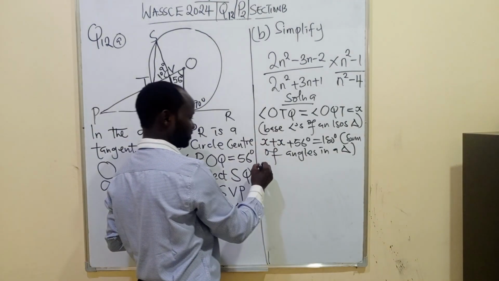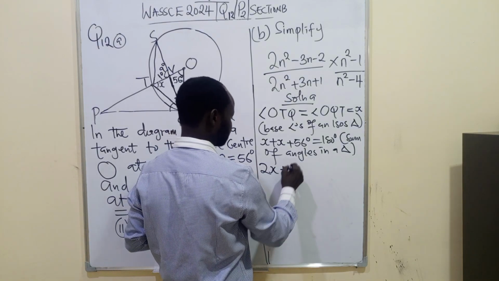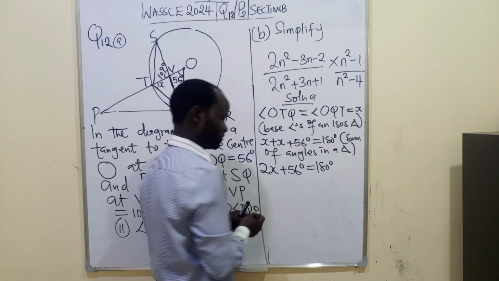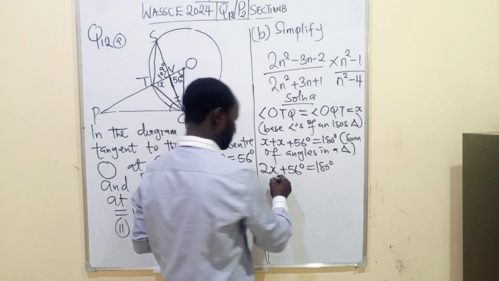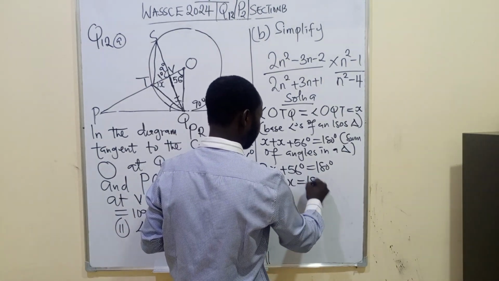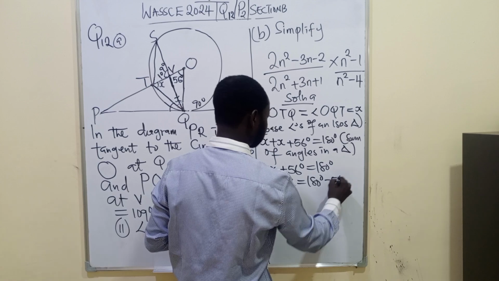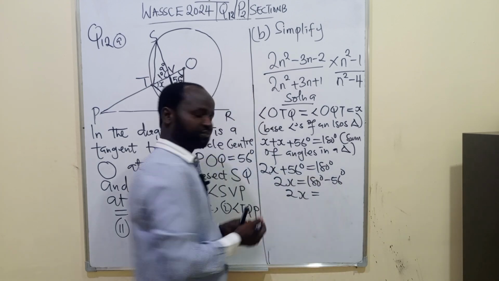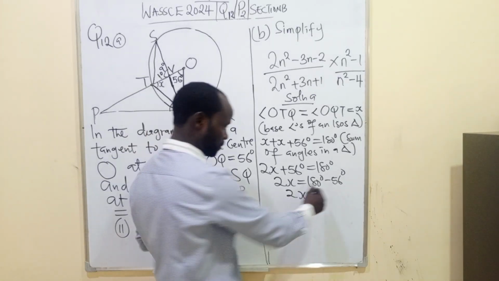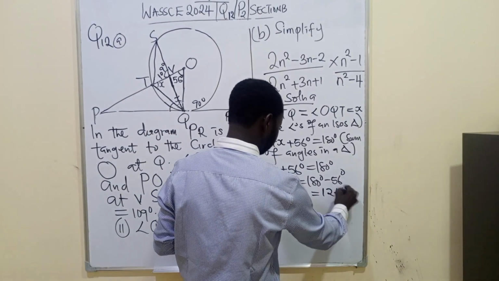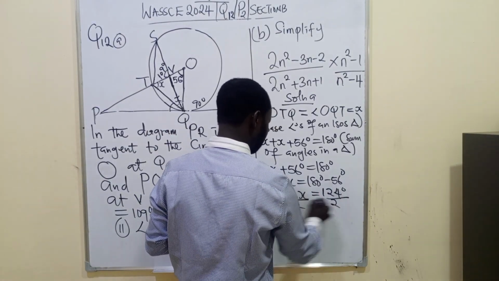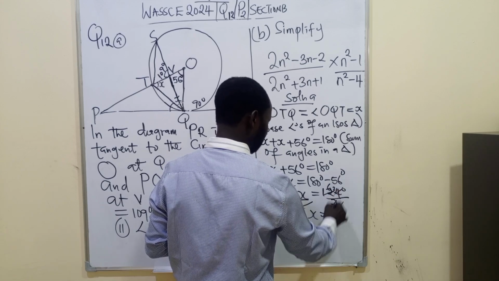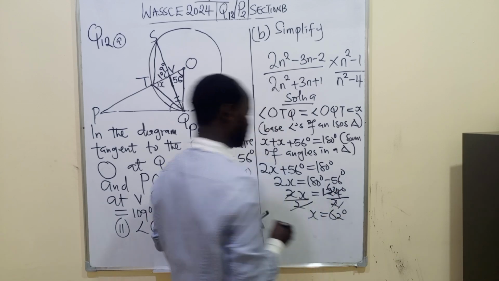So this will be 2x plus 56 degrees equals 180 degrees. 2x equals 180 degrees minus 56 degrees, which is 124 degrees. Divide both sides by 2, and x will be 62 degrees.